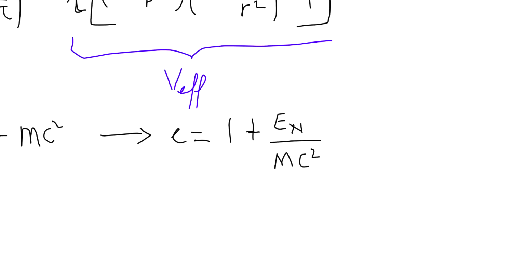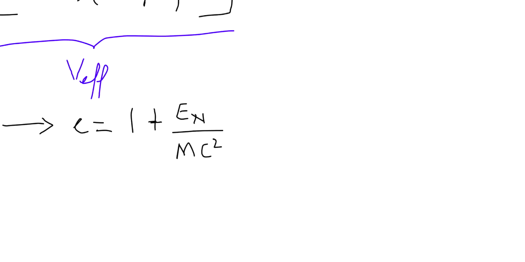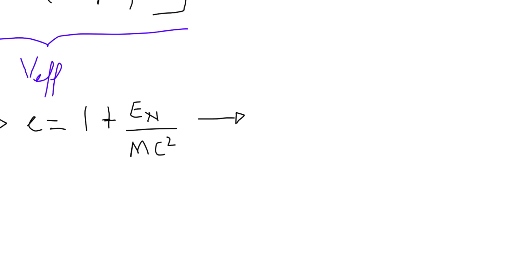And this, if we go in the non-relativistic limit, so the Newton case, because Newton is never taking account of luminous speed, we find that (E squared minus 1) over 2 in the non-relativistic case is equal to E Newton over mc squared.